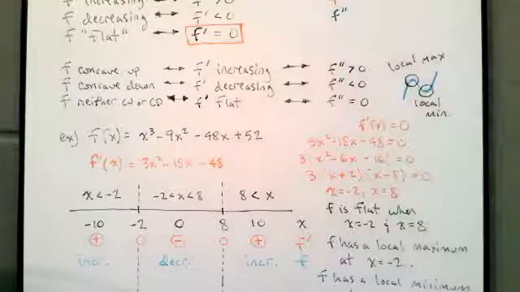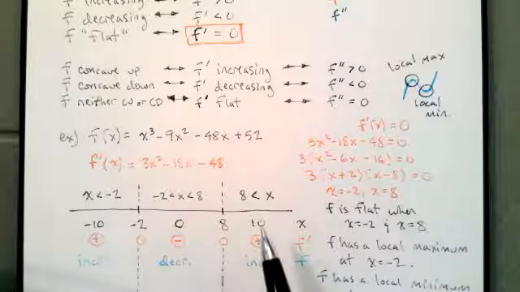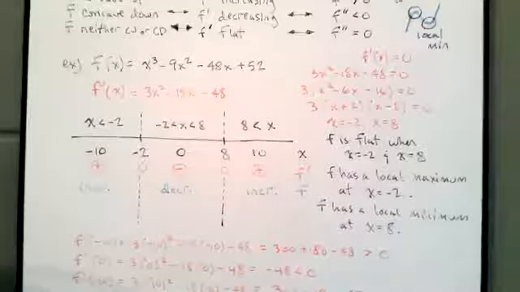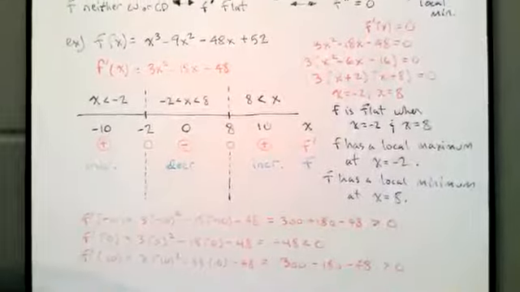We know that there's a local maximum when a function changes from increasing to decreasing, and a local minimum when the function changes from decreasing to increasing. That's first derivative knowledge, because we're looking at changes in the direction of the function.